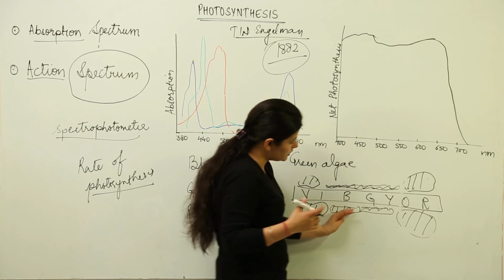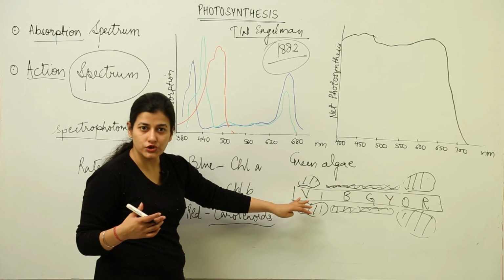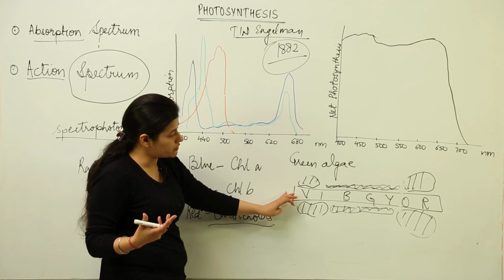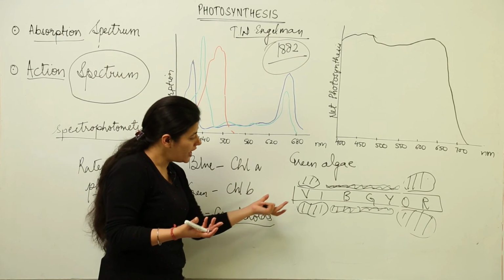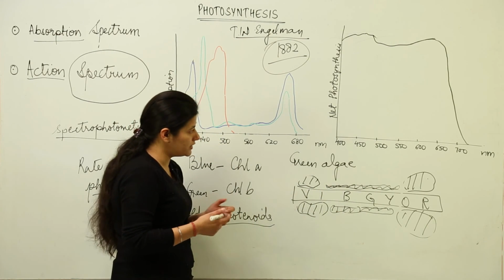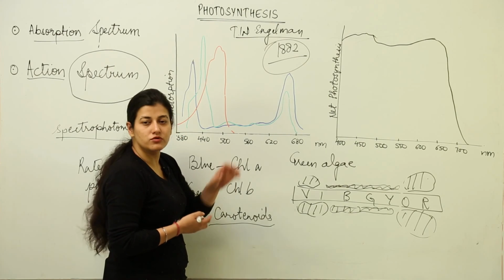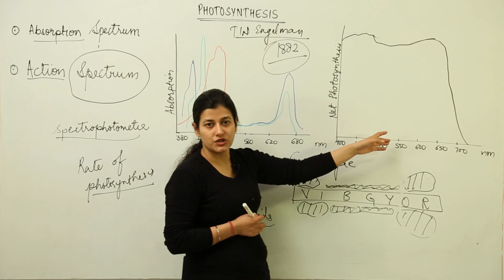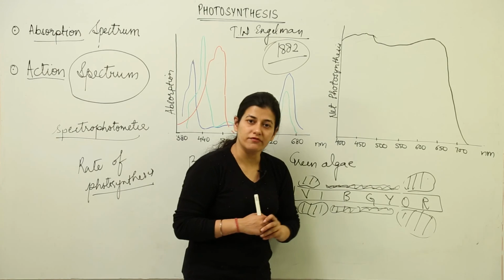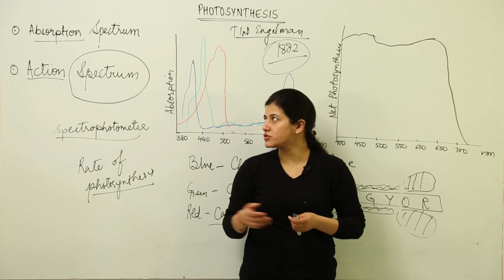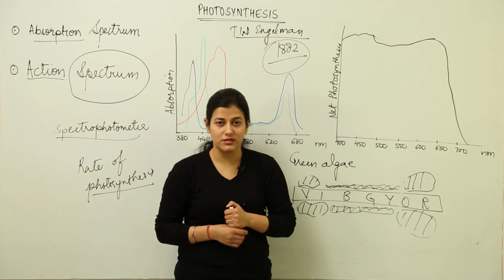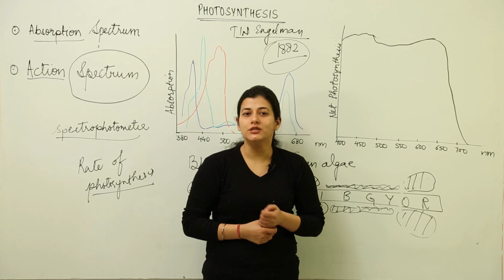These regions do not produce much oxygen, because it depends on the rate of photosynthesis. How much photosynthesis is taking place, that much would be the evolution of oxygen, and that was proved using the bacteria. And from the absorption spectrum we get the action spectrum as well. These are the two terms that you have to remember before you set yourself to study the actual mechanism of photosynthesis, how it takes place, and what units are involved in it.